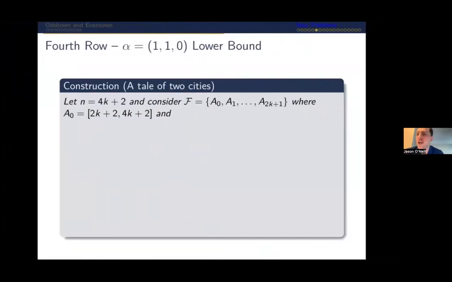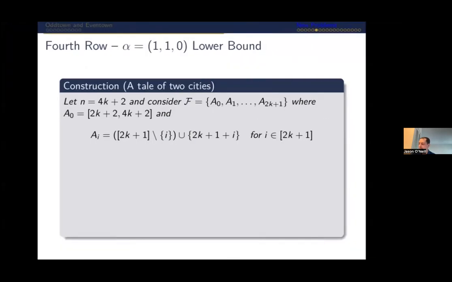Okay, so the construction here, I call it a tale of two cities. The first city is going to be the elements from 1 up to 2k plus 1. And the second city is going to be the elements 2k plus 2 all the way up to 4k plus 2. Our first set is just going to be that whole second city.